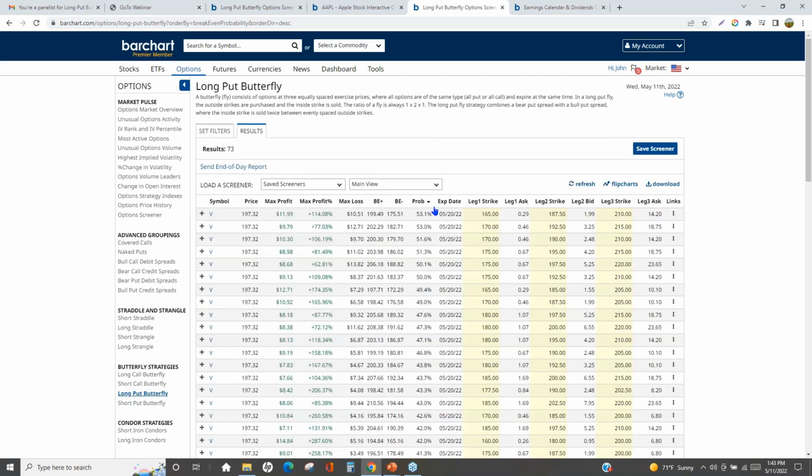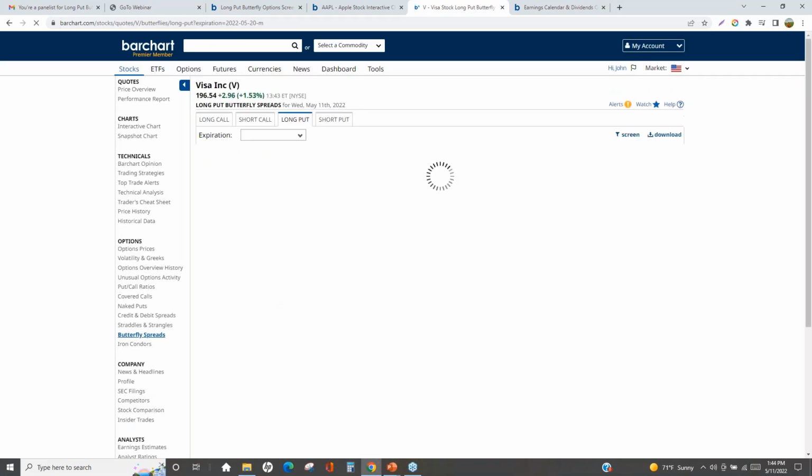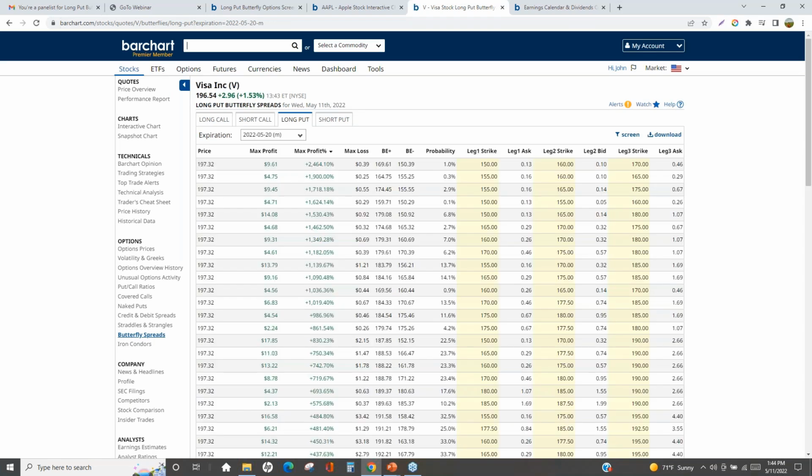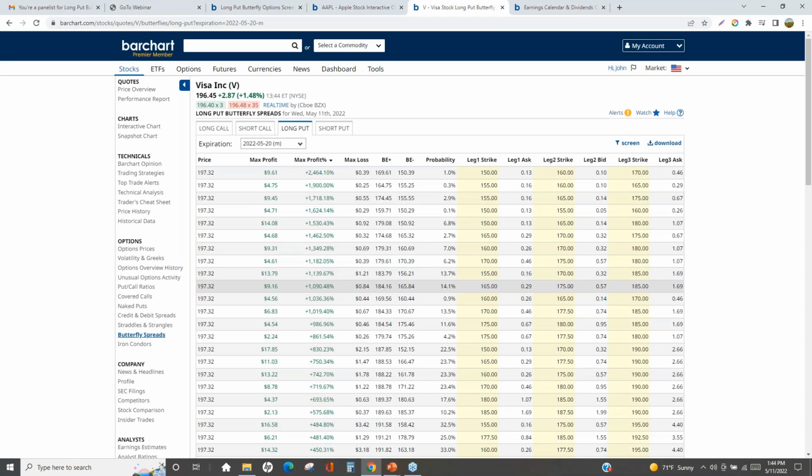And this is where a few other people got confused. When you are looking at the long put butterfly screener, if you open up the links column, John demonstrated the more examples. This is just another backward way, okay, go ahead and click that, of going back to that symbol's butterfly spreads page so you can look at all of the different possibilities that are out there.